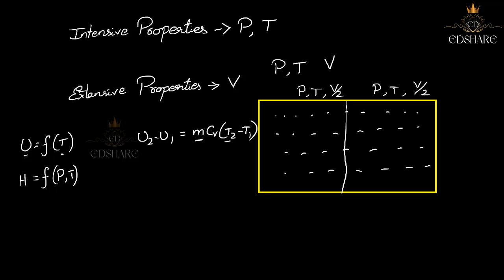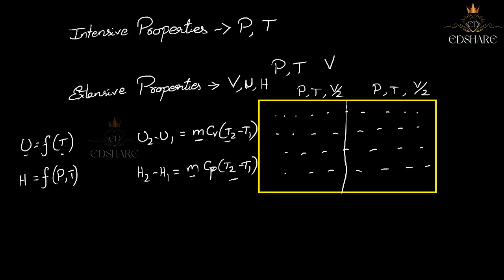Therefore, you can consider internal energy as an extensive property. Similarly, the change in enthalpy, H2 minus H1, is m Cp (T2 minus T1). So the change in enthalpy depends upon the mass as well as the temperature difference, and enthalpy can also be considered an extensive property.